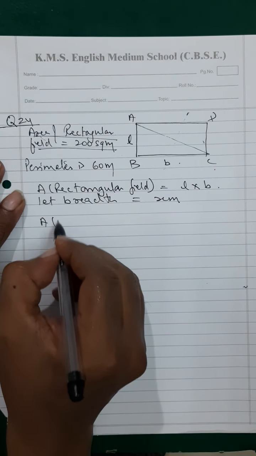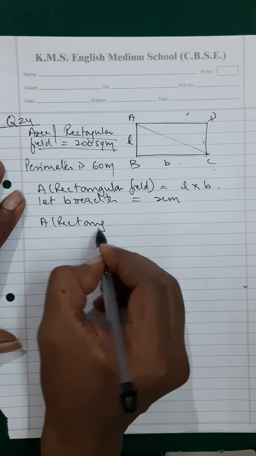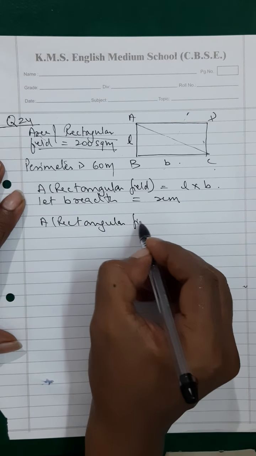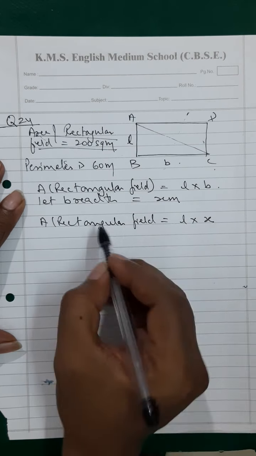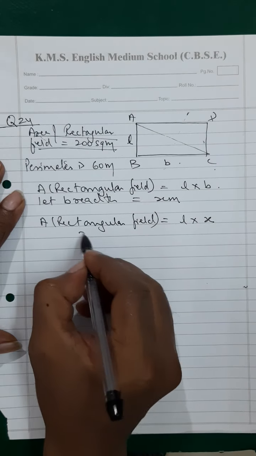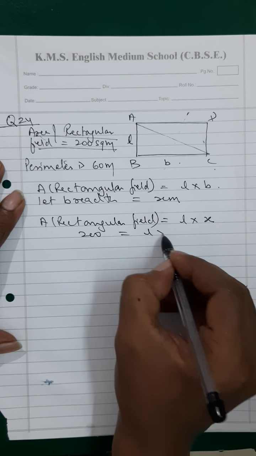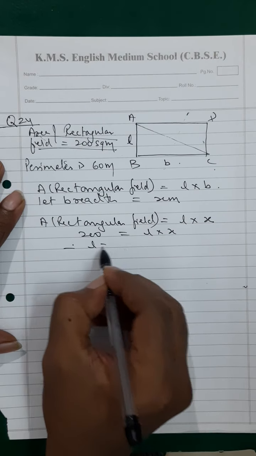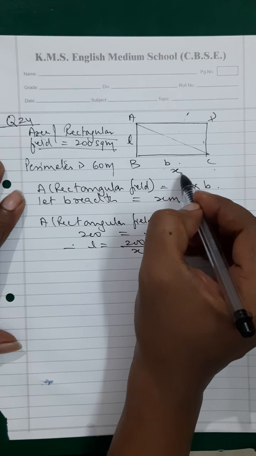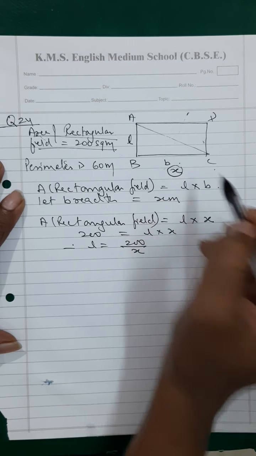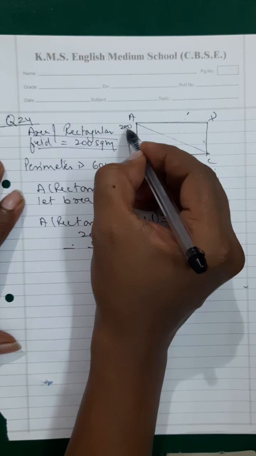Therefore, area of the rectangular field is equal to length into x. But they have given the rectangular field area is equal to 200, which is equal to length into x. Therefore, length is equal to 200 upon x. Are you getting? Breadth is equal to x. Length is equal to 200 upon x.